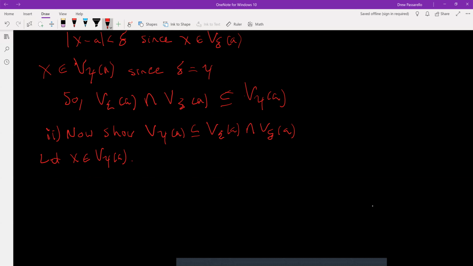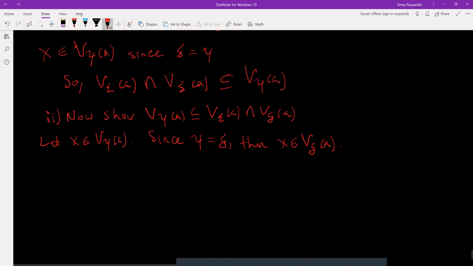Since gamma is equal to delta, then x is in the delta neighborhood. We know that delta is less than epsilon, that's what we're assuming.